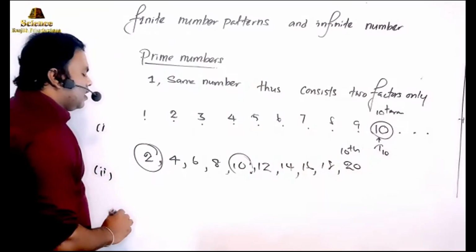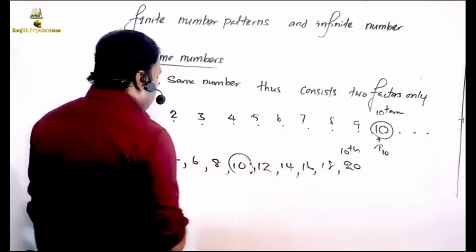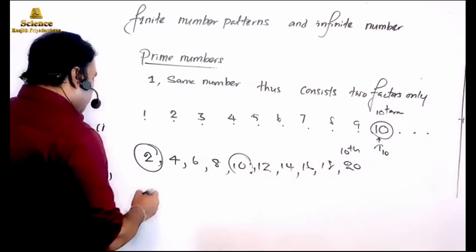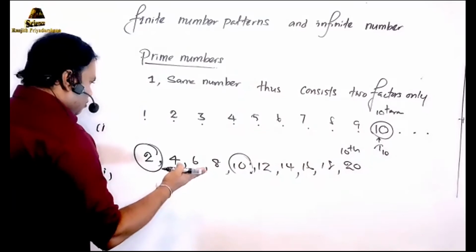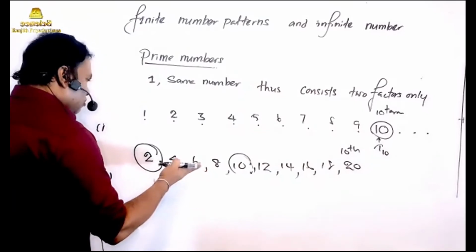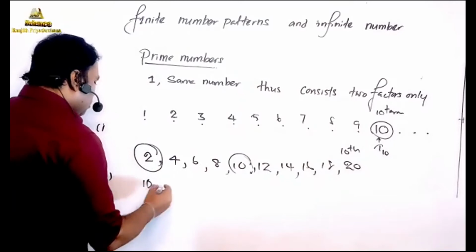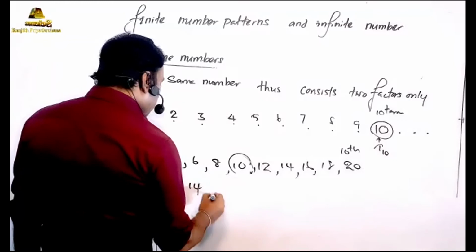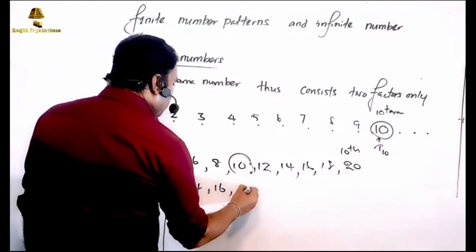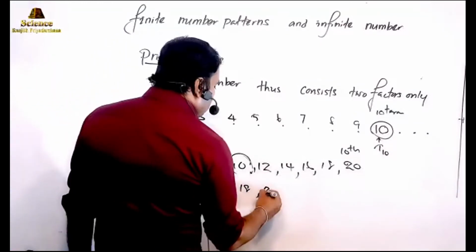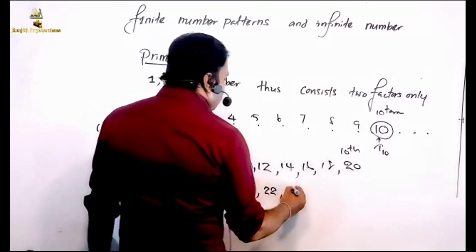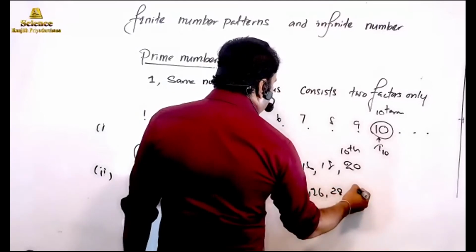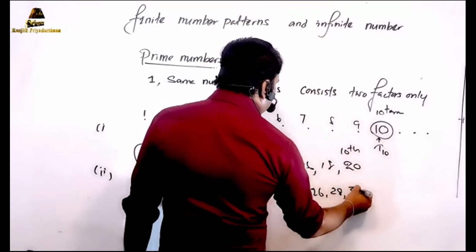Okay, let's write the same number pattern with the same general term, but it starts with the number 10. 10, 12, 14, 16, 18, 22, next 24, 26, 28, 30.